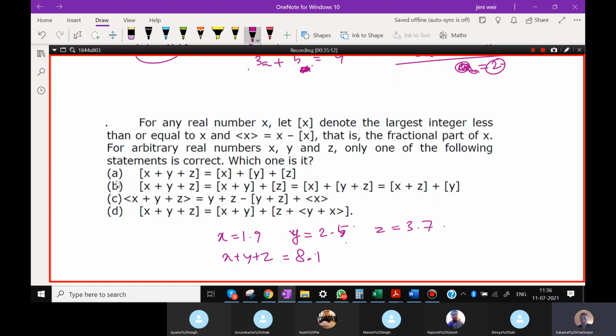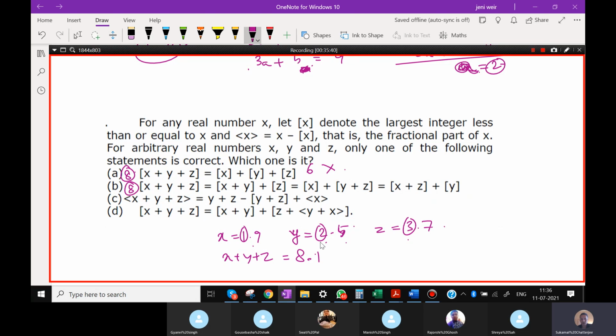So that means look at the first one. Box of x plus y plus z, which would be 8, is equal to box x plus box y plus box z. Box x is 1 plus 2 plus 3, which is 6, which is not correct. Second one is box of x plus y plus z, which is 8, is equal to box of x plus y.